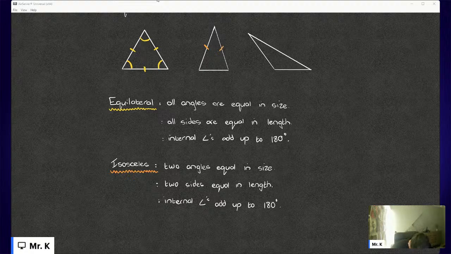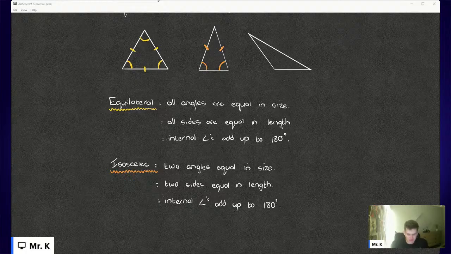So we will show that these two sides are equal by using the same marking on both lines. Now, a lot of people like to think of these as arrows because they point to the bottom left and bottom right, because we need to remember that the two angles at the base are the angles that are going to be equal in size. The third angle at the top will be different, and the length of the baseline of my triangle will also be different.